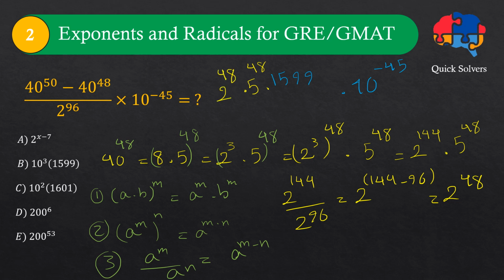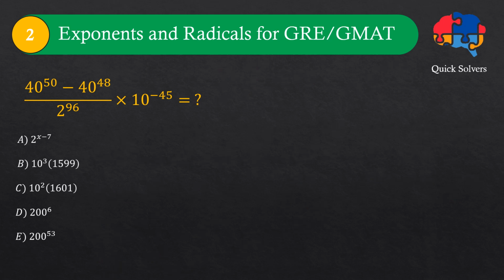So now we have 2 to the power of 48 times 5 to the power of 48 times 1599 times 10 to the power of minus 45. Let me write everything here. Great.